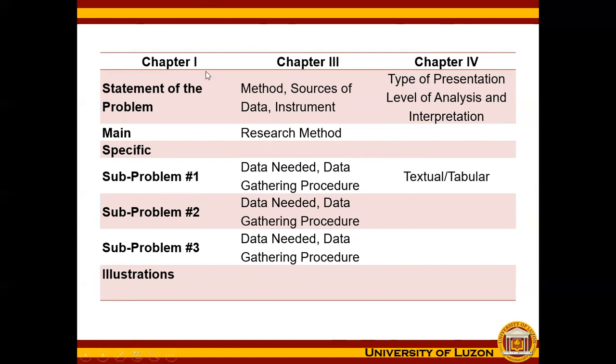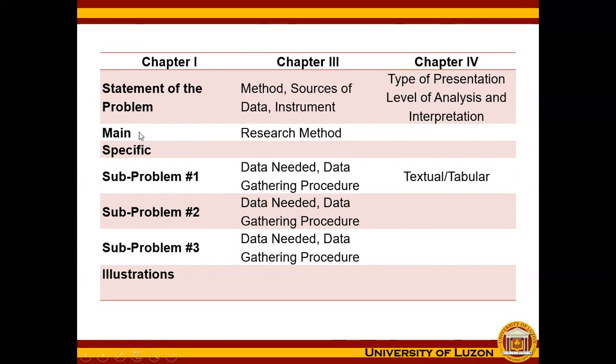So in chapter 1, we place the problem statement, which has become the focus of our attention. Okay, so we specified the two parts of the statement of the problem, which are main and specific.